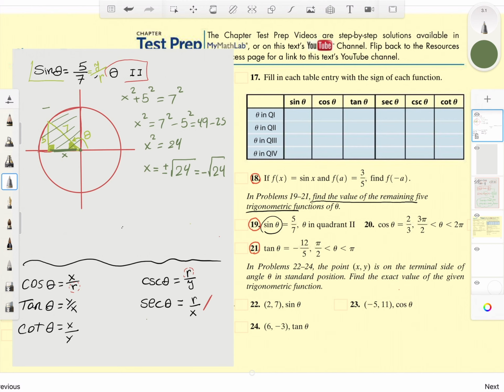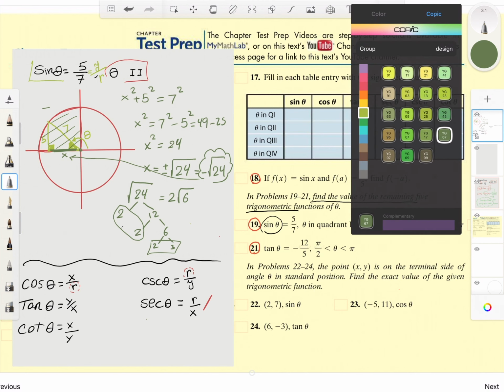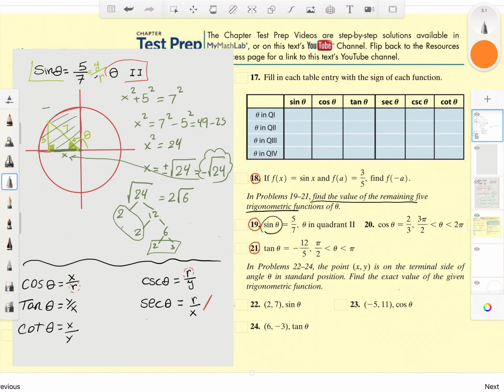Before I put it over here, we need to see if we can simplify radical 24. Radical 24 is 2 times 12, 2 times 6, 2 times 3. So one pair of 2 goes outside the radical, so 2 radical 6. You need to simplify that. So x will be negative 2 radical 6.